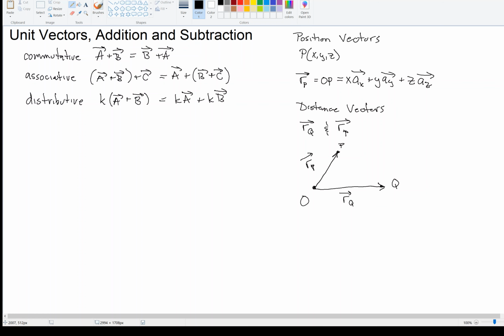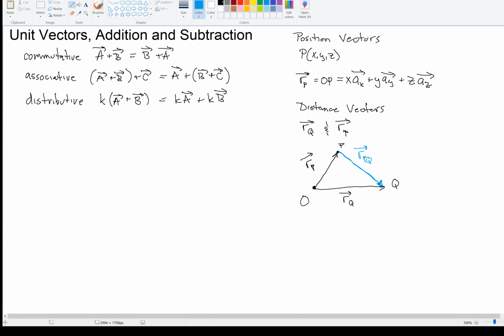So I'll draw it in blue, the distance vector is this thing here. In this case, we're going from P to Q. So we would call this R sub PQ. And it's a vector, so we give it the arrow above.